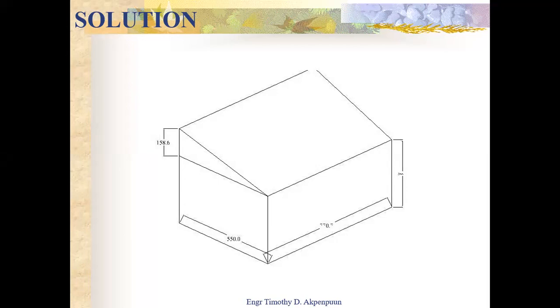So the volume of this roof now is 550 times 770 times 158.6 divided by 2. That is 33,583,550. Are we there? Is it okay? Yes, sir.